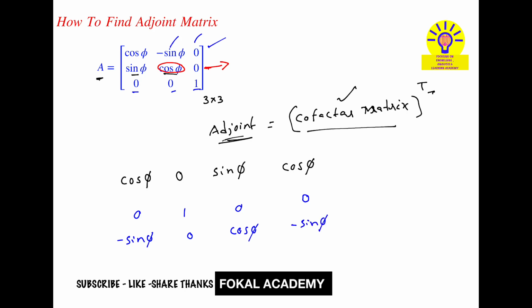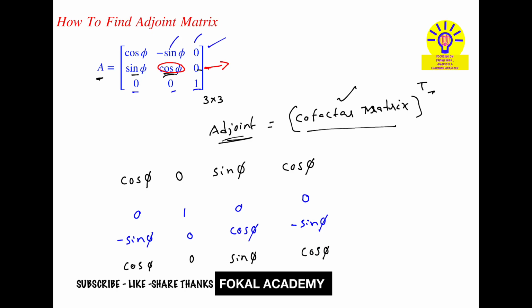We started with the second row, now end with the second row, which means write the first row as is here. So that is cos pi, next 0, sin pi, cos pi.